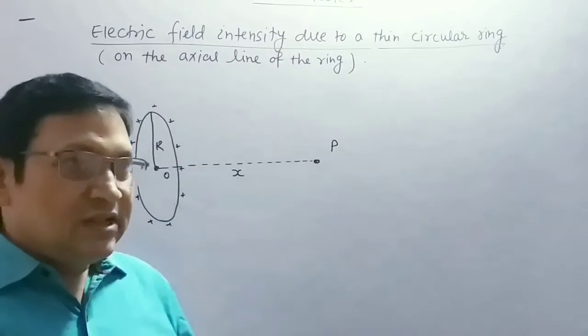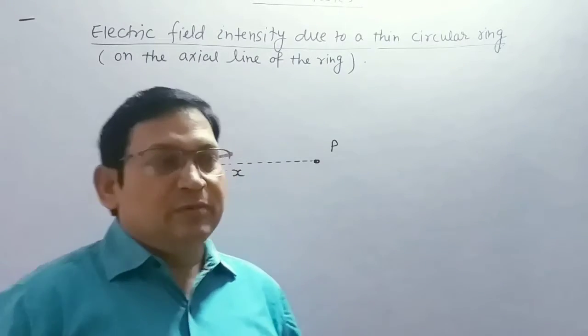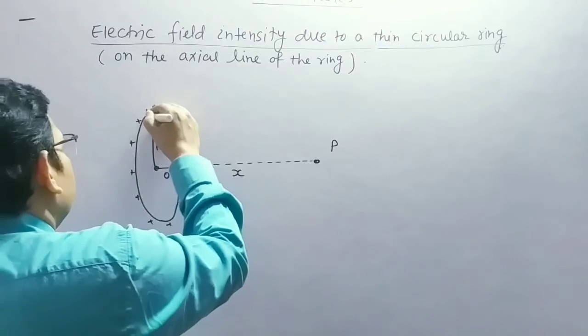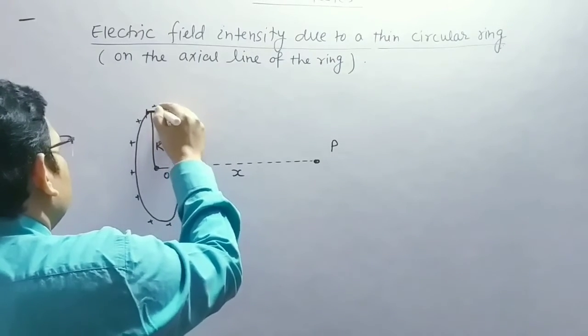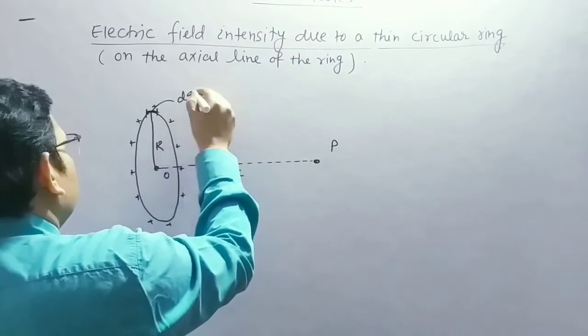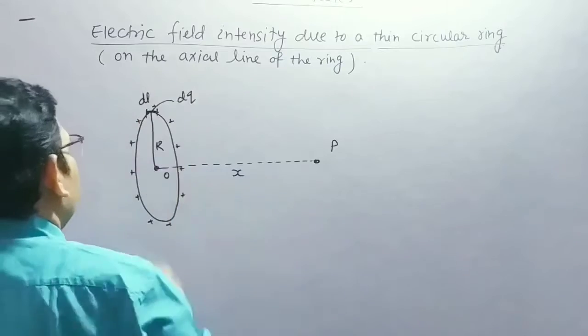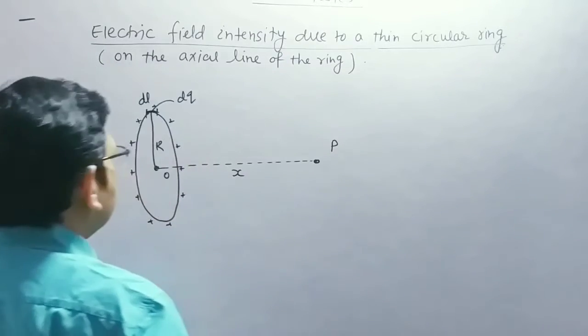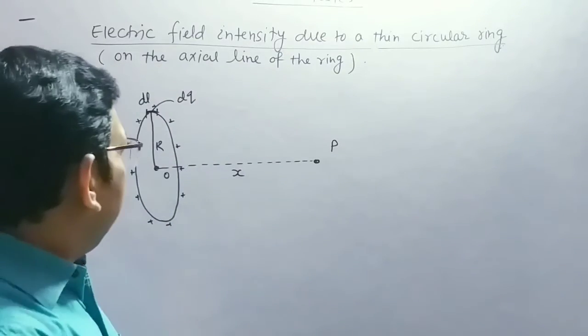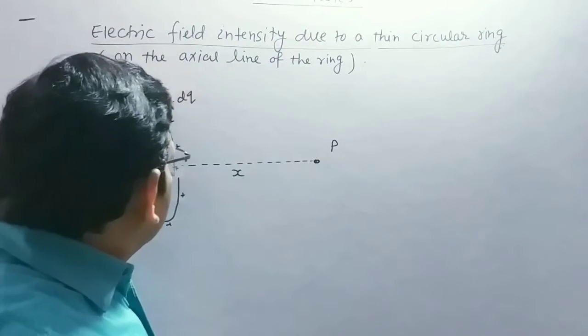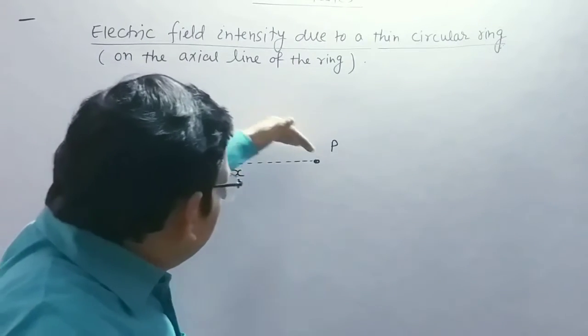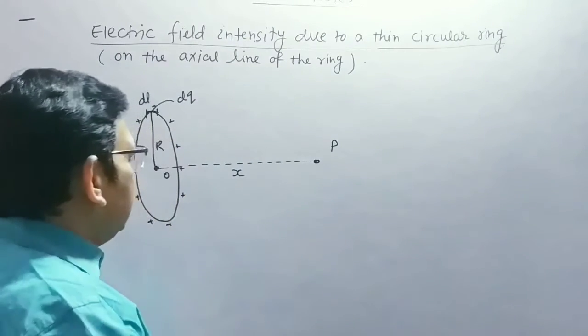So the method is that first you take a small element dq. We have a small element dq having small length dl, and the charge is dq. For this charge dq, write down the expression for the electric field intensity at P.